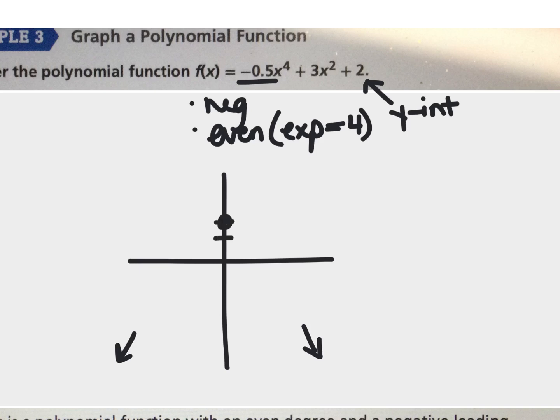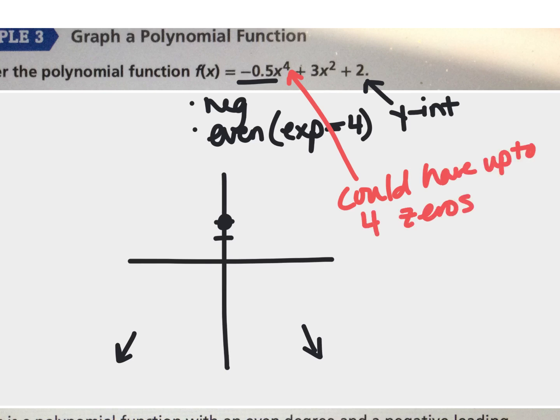Now in the middle, I don't know exactly what's happening, but I should be able to understand this to this point. The other thing that I can also know is that because it has a degree of 4, it could have up to 4 zeros. Now I don't know that for sure, but I do know that it's possible that it could cross in like 4 different places.